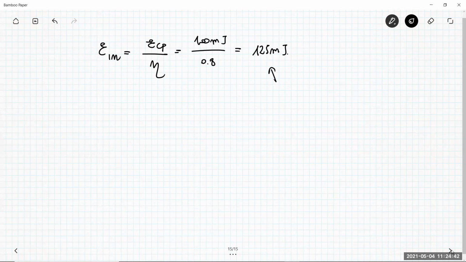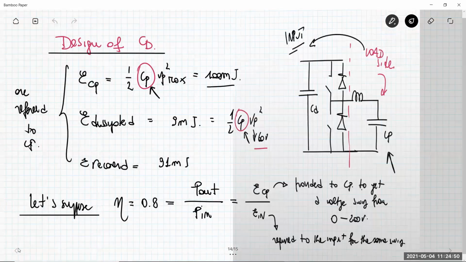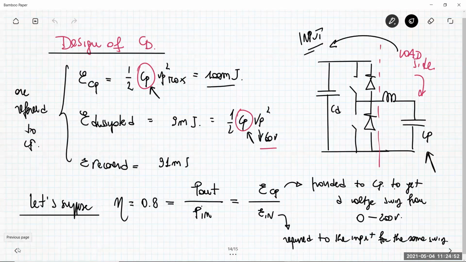Okay. The same happens for the energy which is recovered, but the energy which is recovered has a different path, because in that situation the power flow goes in this direction for recovering energy. So the input and the output side are reversed. What was previously the input now is the output, and vice versa.